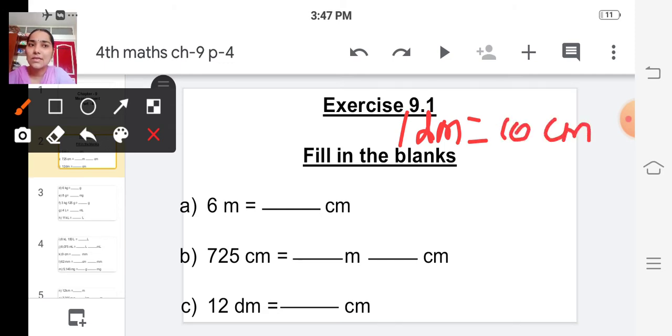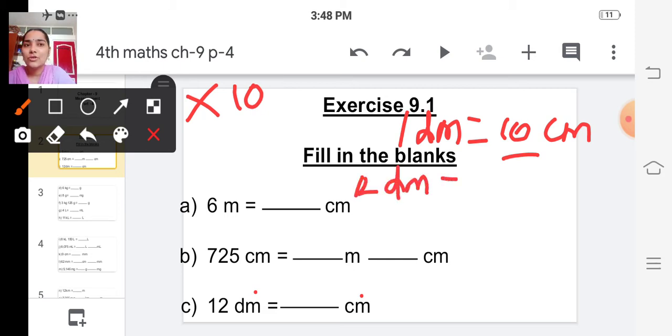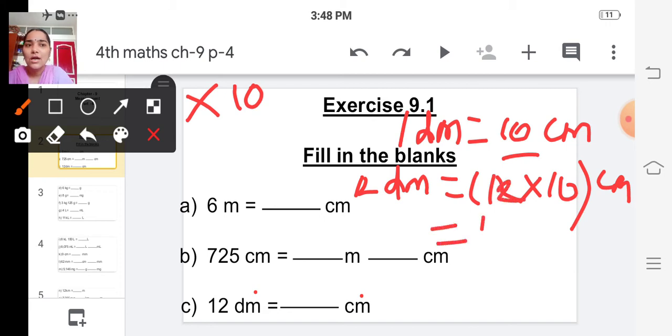To convert bigger unit into smaller unit, we have to multiply by 10 here. So 12 decimeter is equal to 12 into 10 centimeter, which is equal to 120 centimeter.